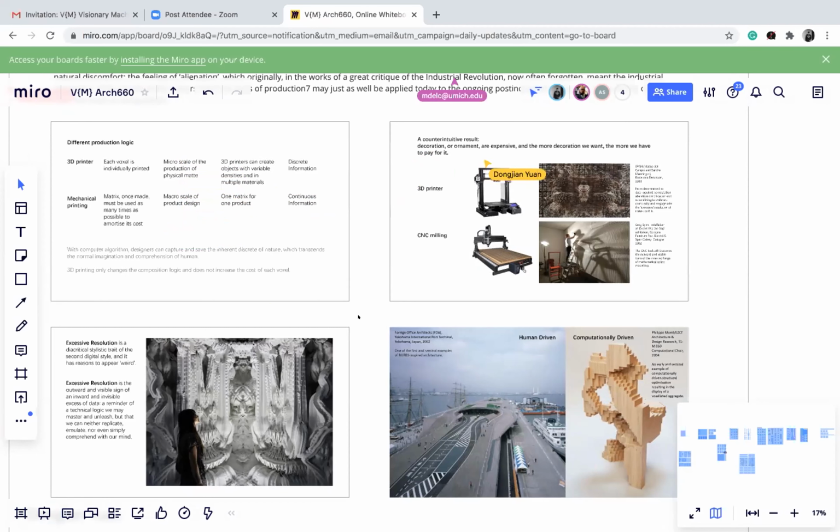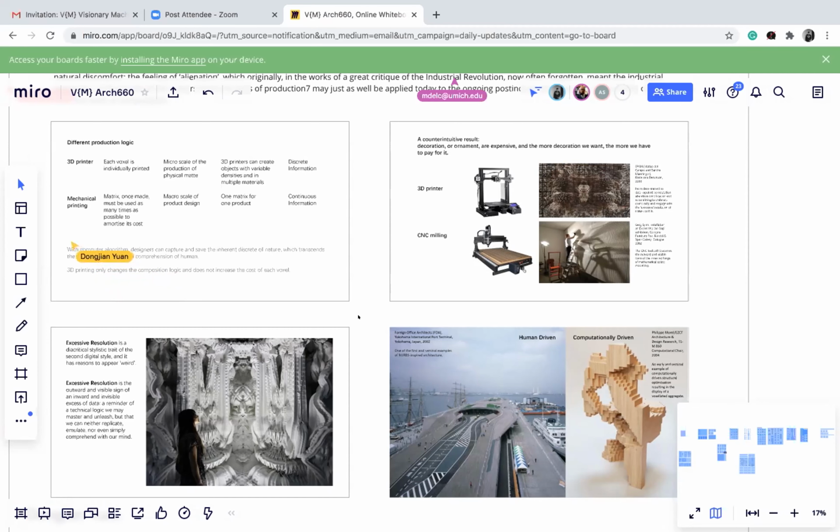The decoration or ornament was expensive in the past, but nowadays the more decoration we want, the less we pay for it, since we created a new logic of 3D printing, which is based only on the single voxel, but not a whole matrix.